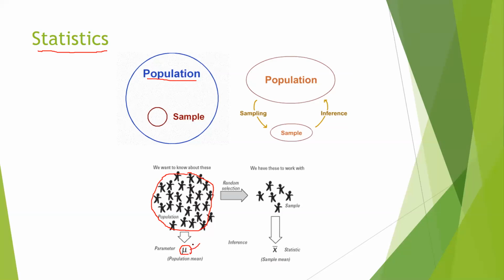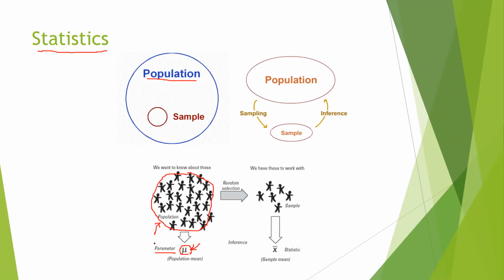In this case, we say mu is the parameter of interest that we want to figure out for the population. As you can see, the population could be very large, even infinitely large, so you cannot afford this study. You cannot go to every single place to measure every single person and then calculate the average. That's impossible for us.